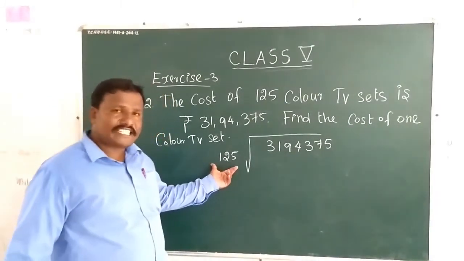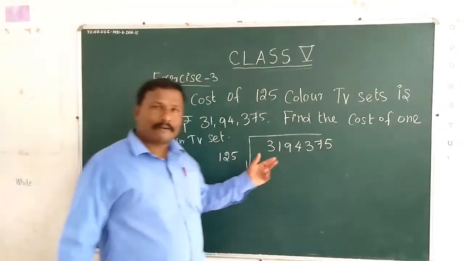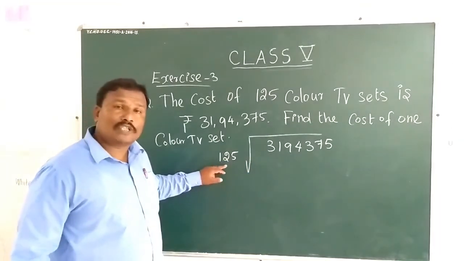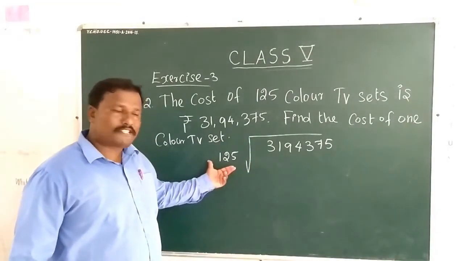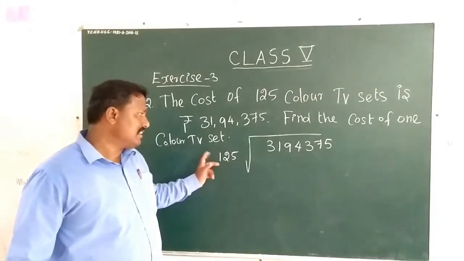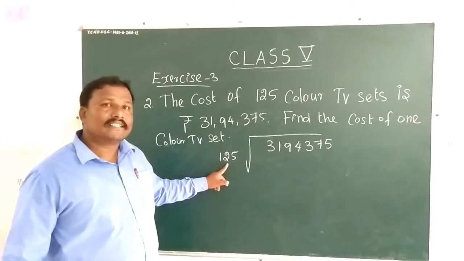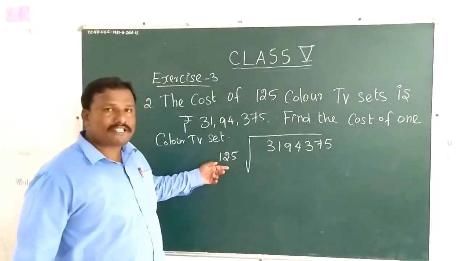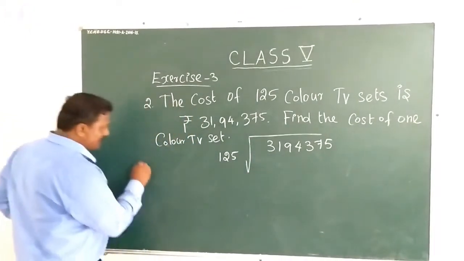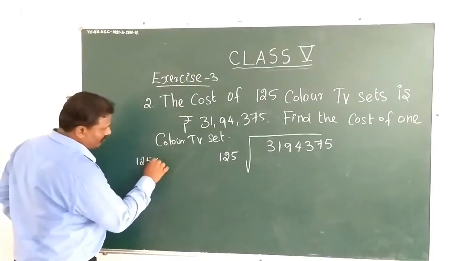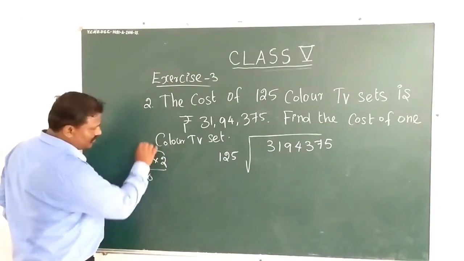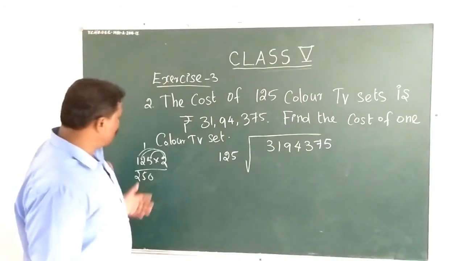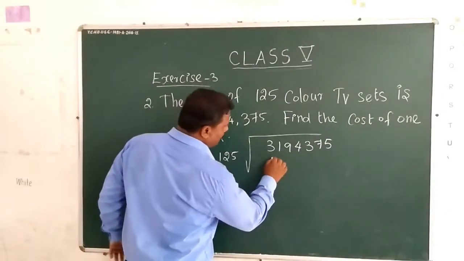So 125 is a 3-digit number. So here also I am going to take a 3-digit number. So 319. In this 319, how many 125s are there? If you multiply 2 times 200, 3 times 300, 360 will come. 360 means it goes above the number. So I will take 2 times. Okay, so 2 125s are, 2 5s are 10, remainder 1, 2 2s are 4 plus 1 is 5, then 2. 2 125s is equal to 250.